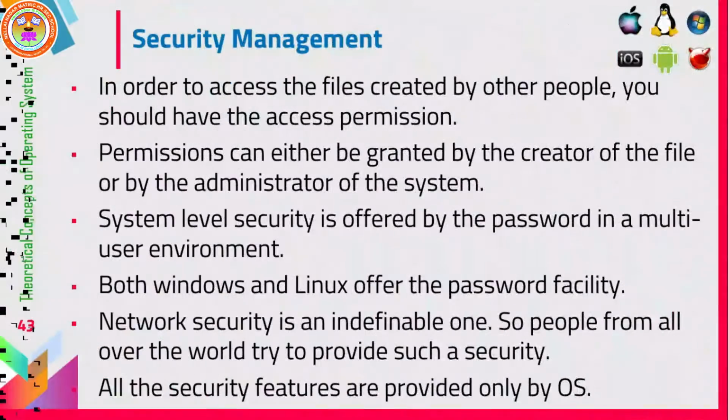The first one is file access level. In order to access files created by other people, you should have the access permission. Permissions can be granted either by the creator of the file or by the administrator of the system. So either of them can give the permission to the user. The next one, system level security, is offered by passwords in a multi-user environment.